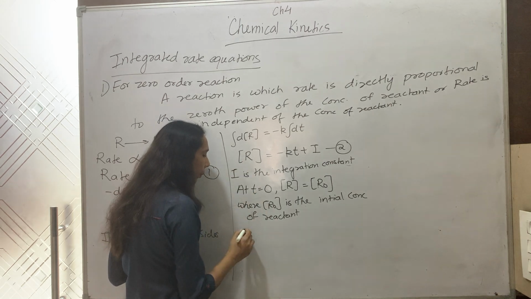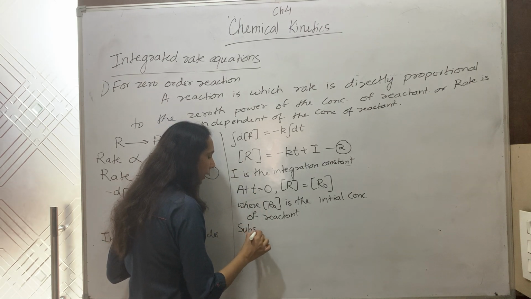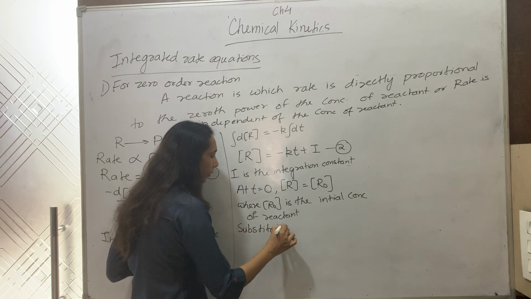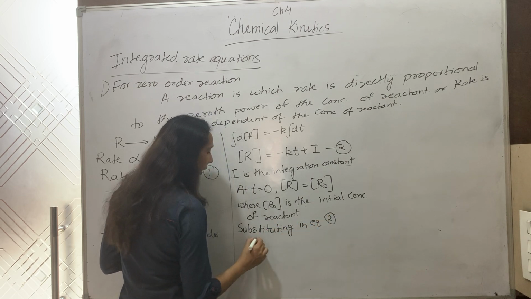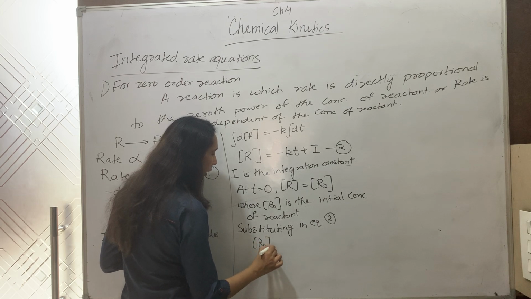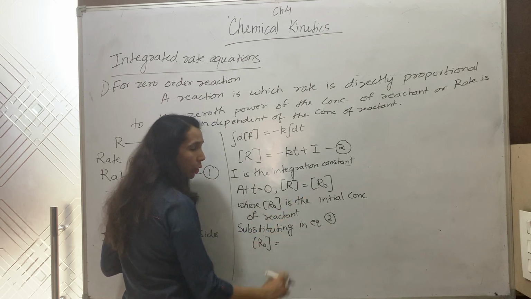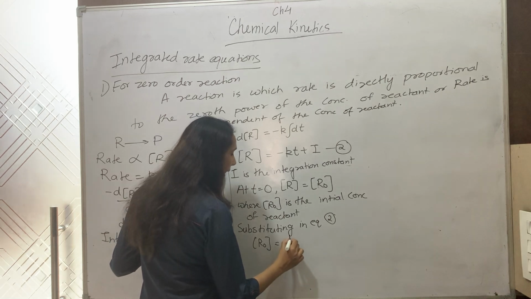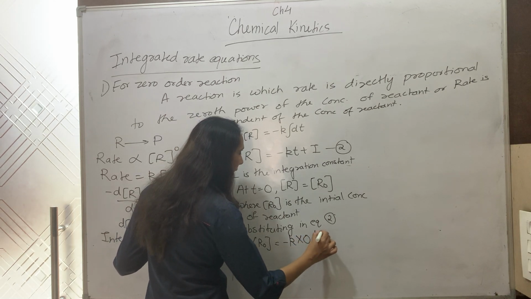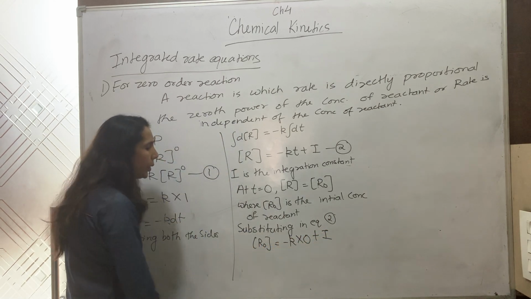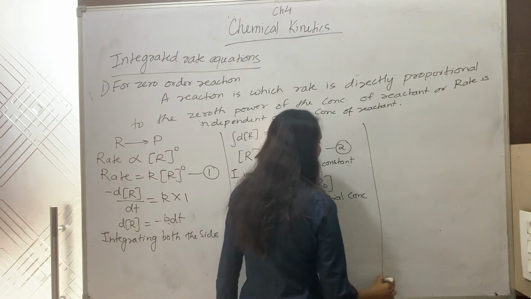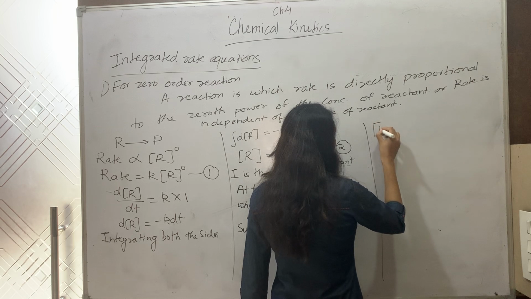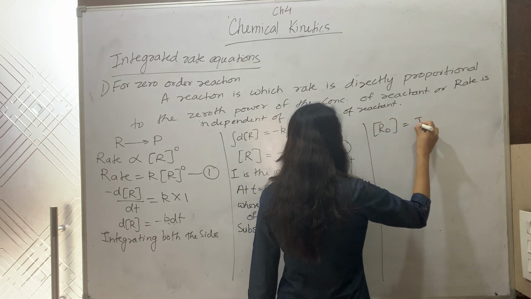So equation 2 becomes R naught is equal to minus k into 0 plus I. k into 0 is 0. So I will be equal to R naught.